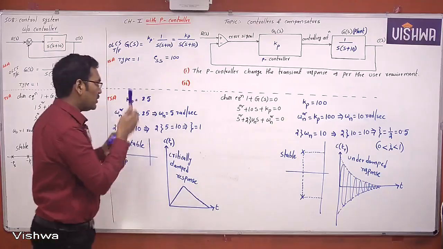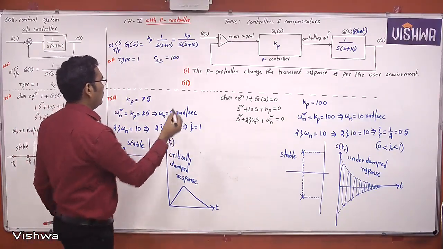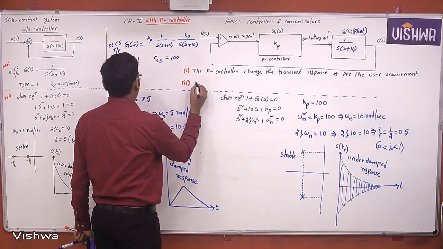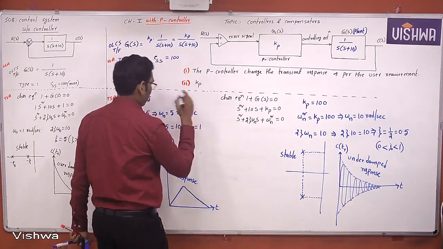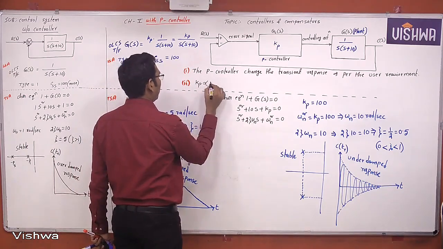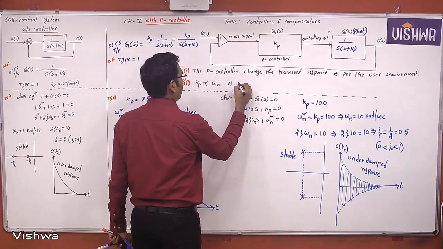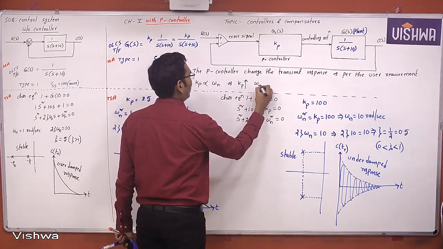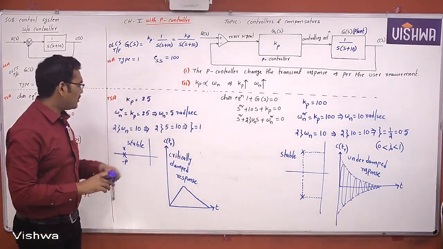Now students, you just observe here. Kp is directly proportional to omega n, means as kp increases, omega n increases. Okay. When omega n increases means what?